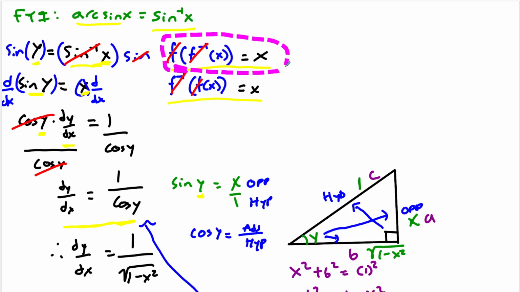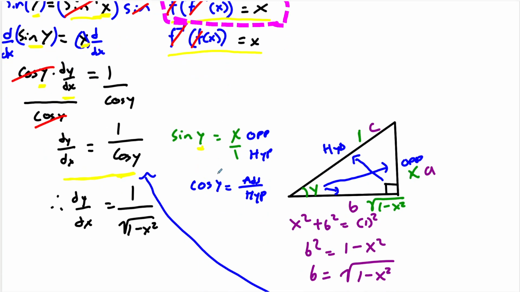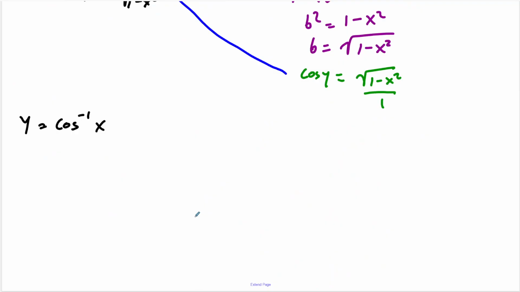Using this exact property here, taking f of the inverse to cancel both. Cosine. That's not the correct way of writing it, but you get what I mean. These will cancel, and I get cosine of y equals x.